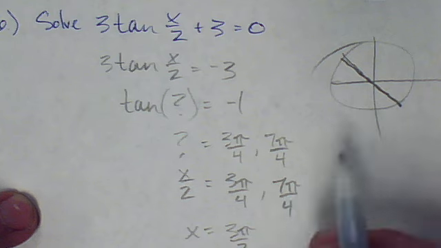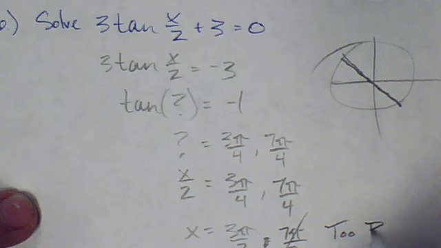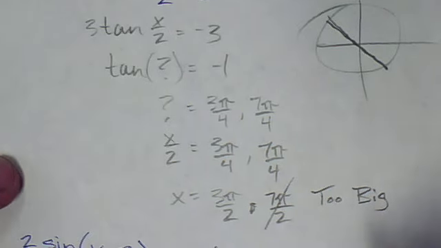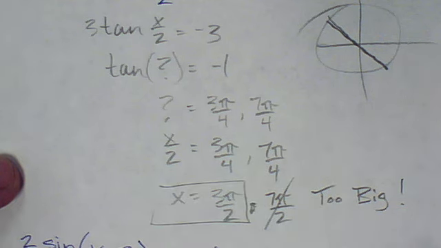And I get 14 pi over 4, which is 7 pi over 2. And then notice this one right here is too big. So we only have one solution.